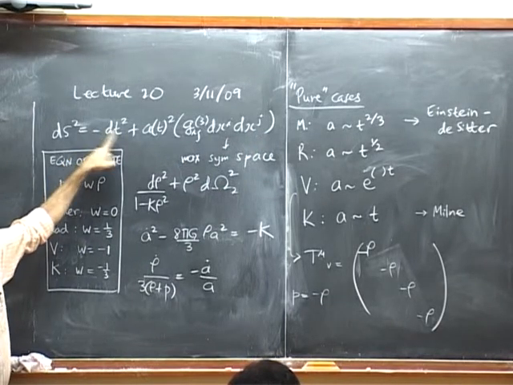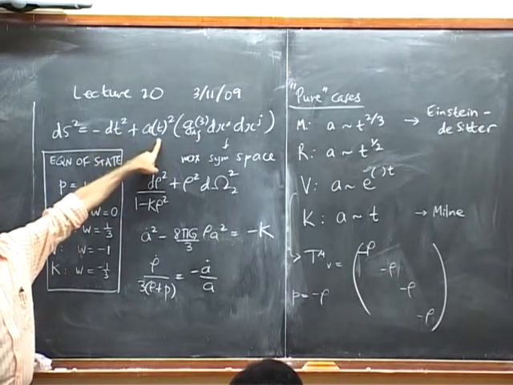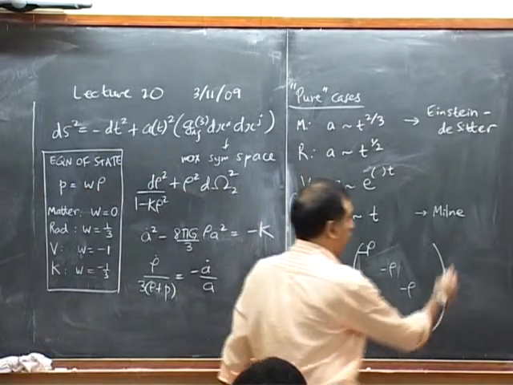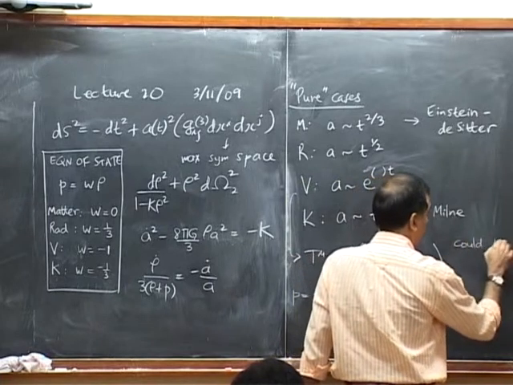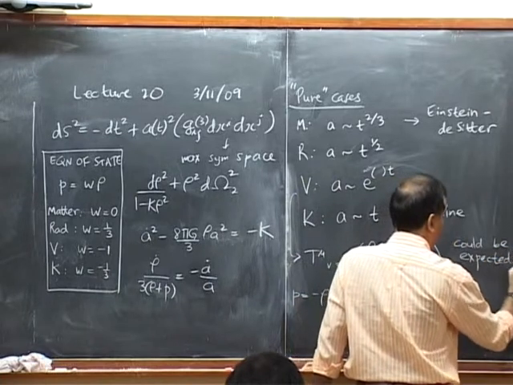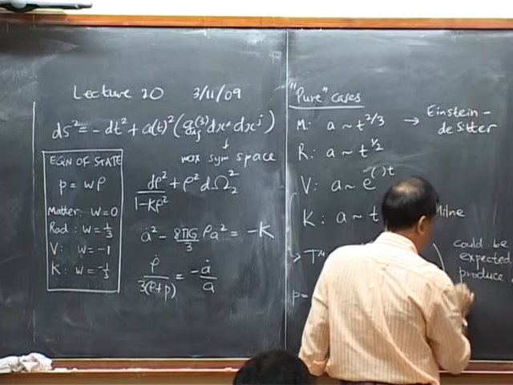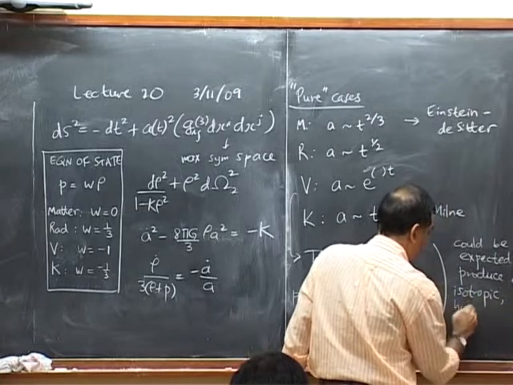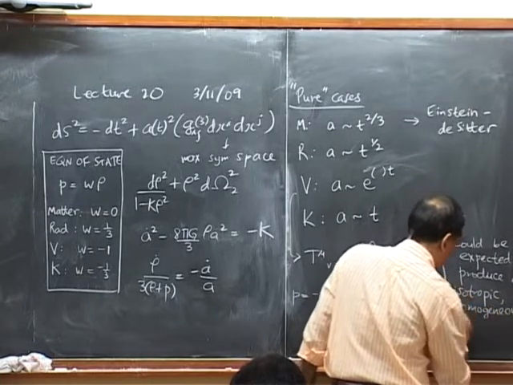This is a very anisotropic choice between space and time. This one is 1, this one is some function. So in other words, this could be expected, and in fact it's true, to produce an isotropic space-time.